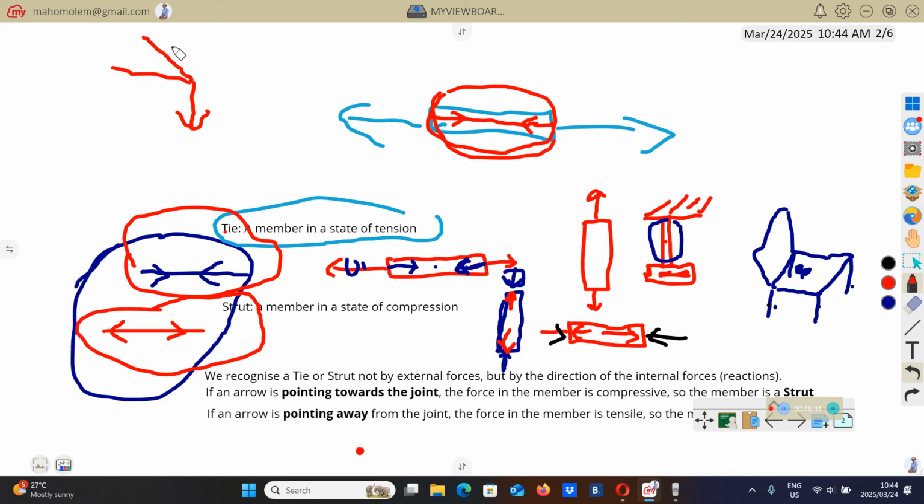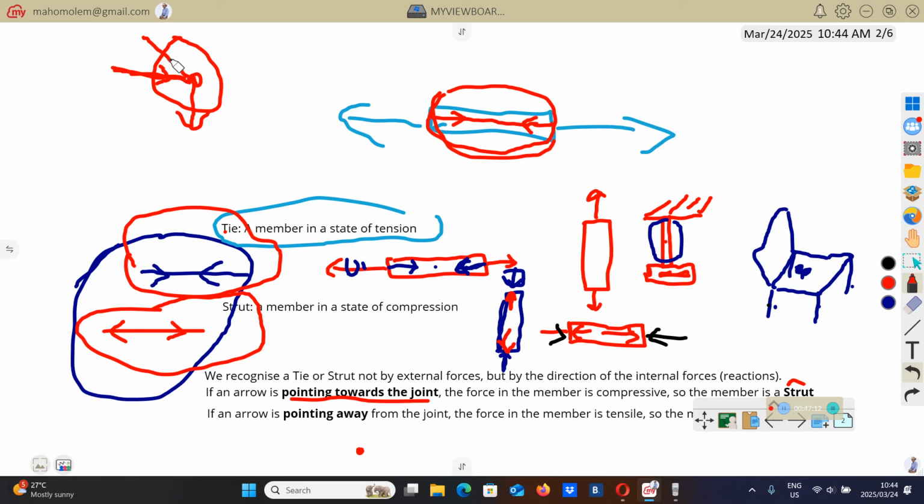I made the cycle like this. I don't remember very well, but anyway, let's give an example. If an arrow is pointing like this towards the joint, then you must know that this member is going to be a strut.